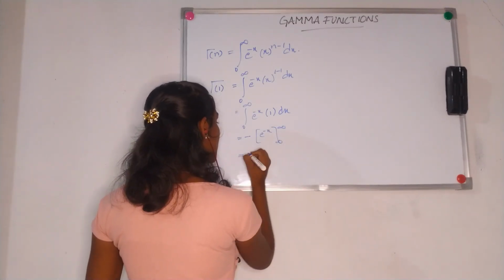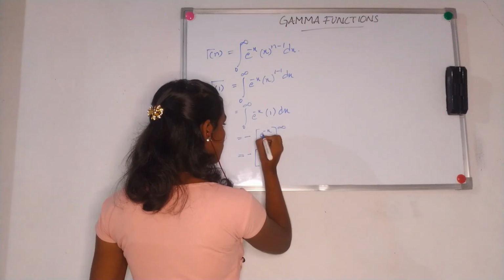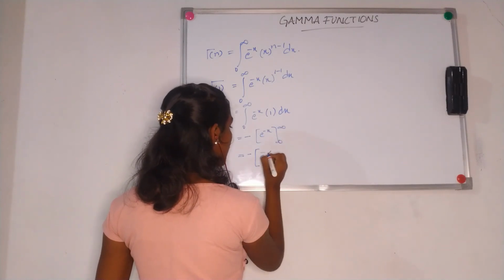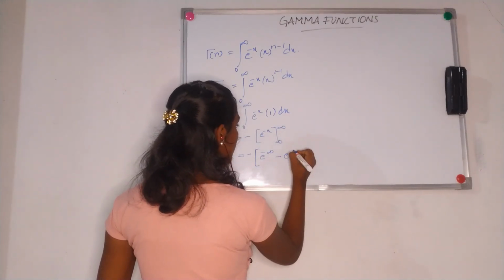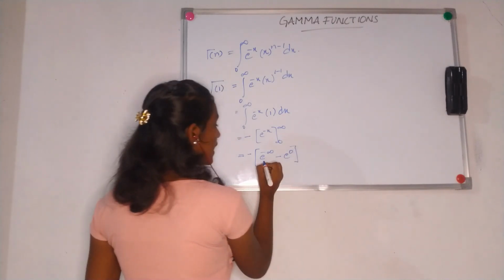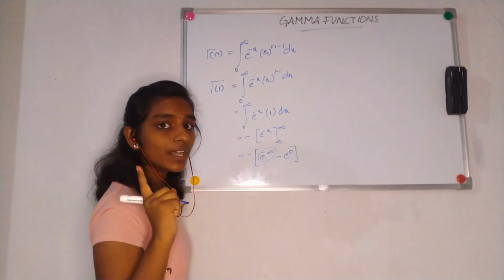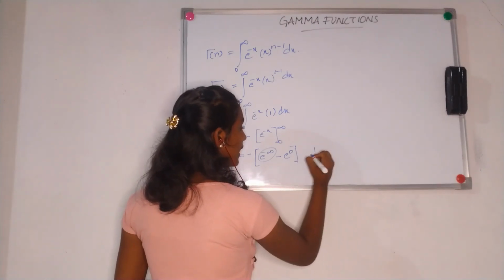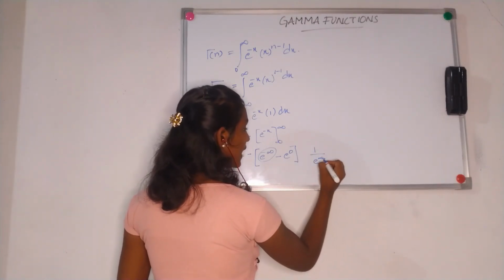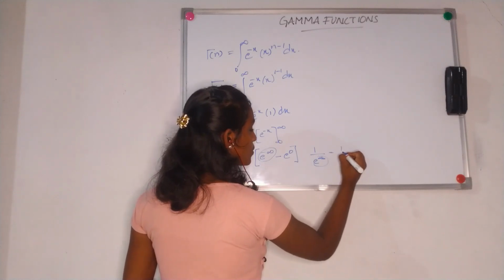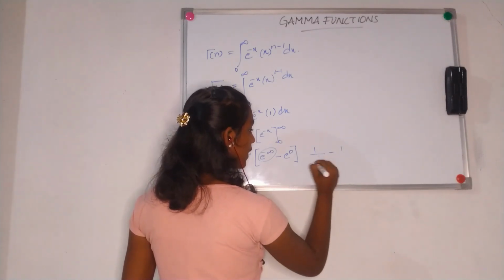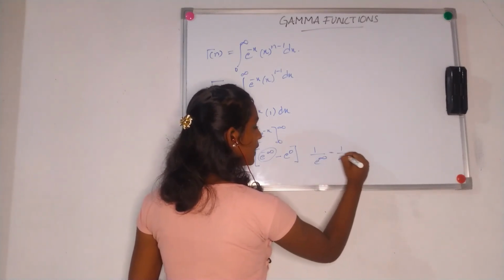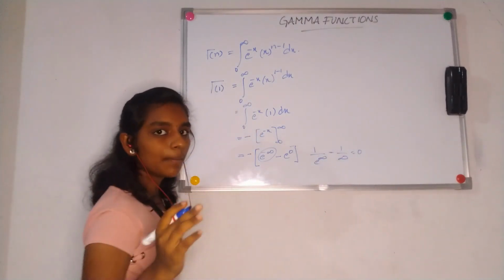Now if I put in the limits, minus of e power minus infinity minus e power 0. Here e power minus infinity is 0, because you have 1 by e power infinity, and 1 by infinity becomes 0.